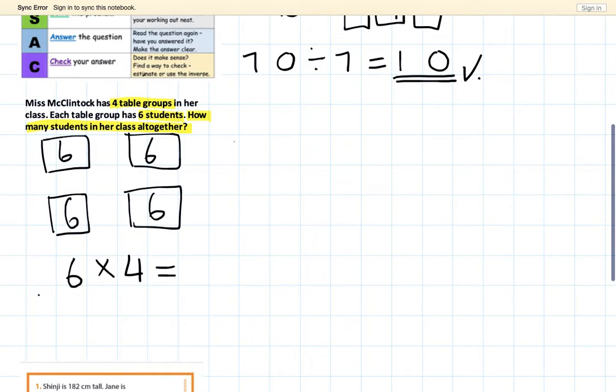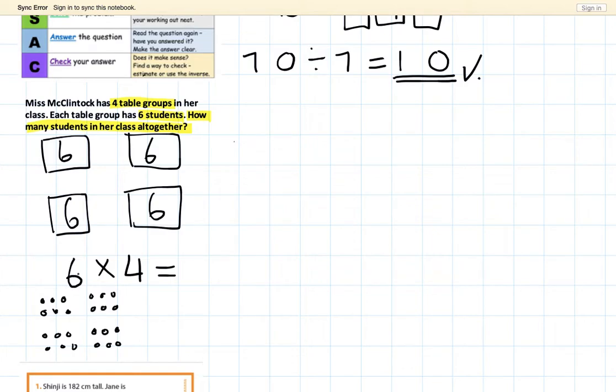If you're unsure, you can use arrays to help you. Okay, 1, 2, 3, 4, 5, 6. That's one group of 6. 1, 2, 3, 4, 5, 6. 1, 2, 3, 4, 5, 6. 1, 2, 3, 4, 5, 6.